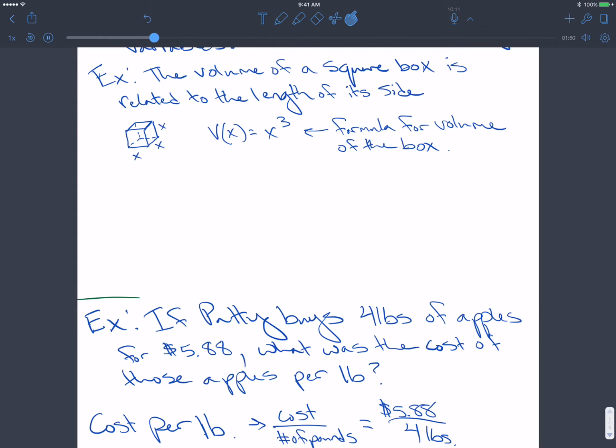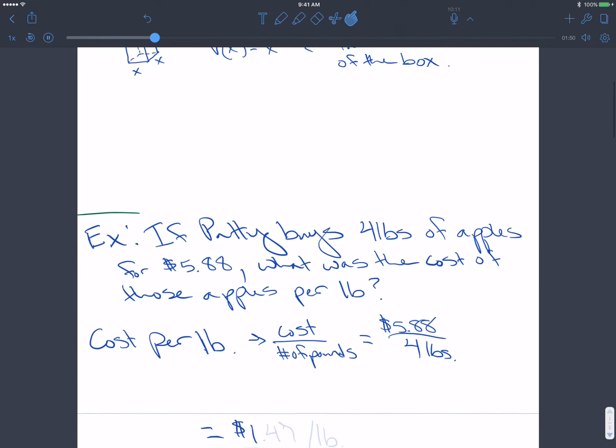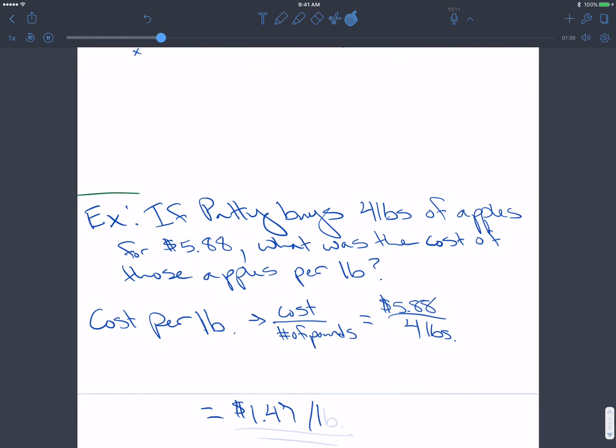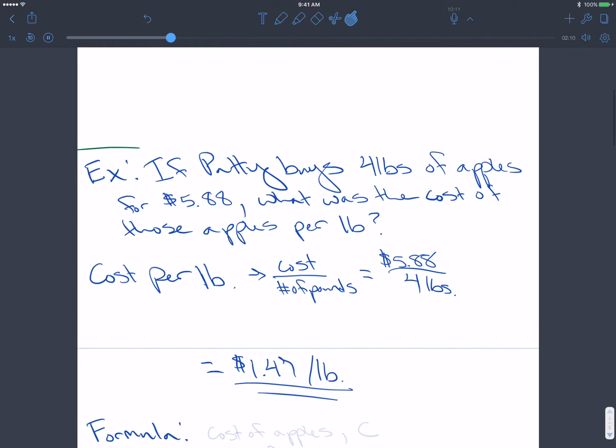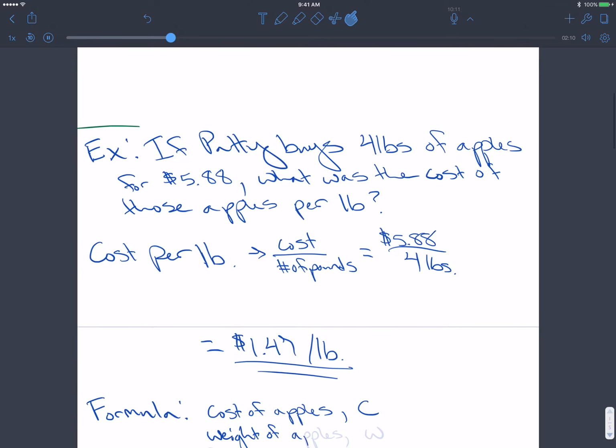And so if you simplify that expression, you're going to see that the cost per pound is equal to $1.47 per pound of apples. So that would be the rate in terms of the formula. If we wanted to then construct a formula, given this information, then we could say that the cost of the apples could be given by C, and the weight of the apples will be given by W for weight.